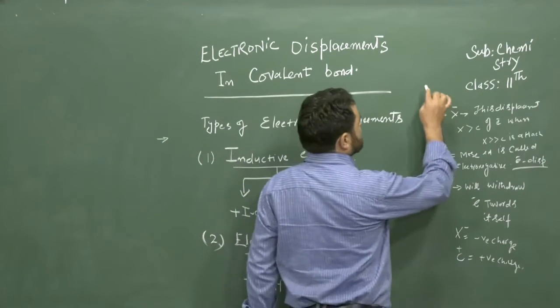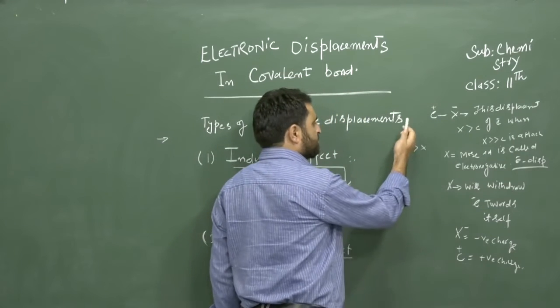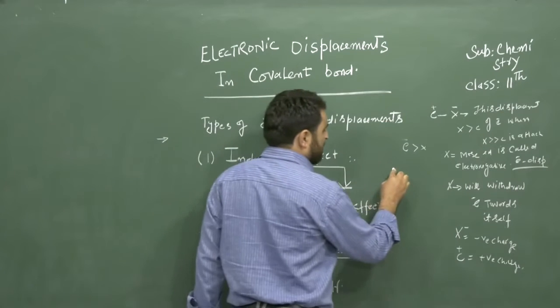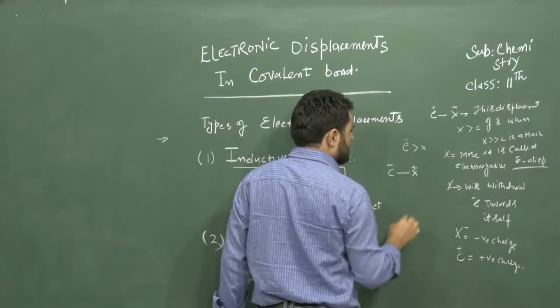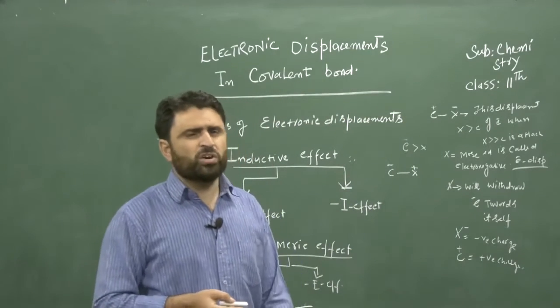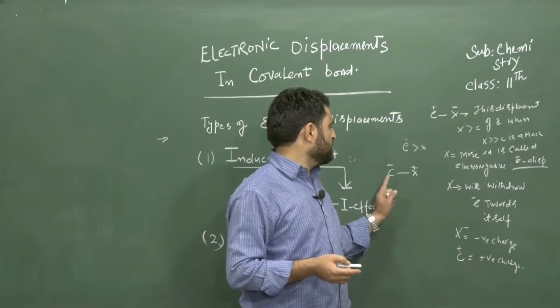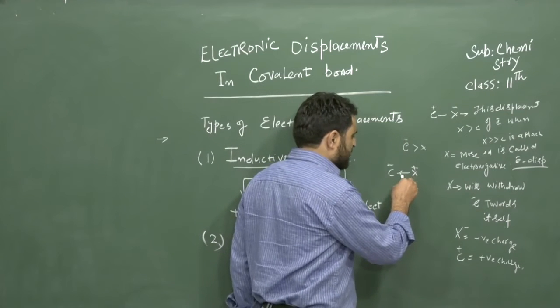Anytime if carbon is more electronegative than X, at that time C will achieve negative charge and X will achieve positive charge. It is also called electronic displacement. So it is not only that X is the more electronegative atom, sometimes carbon is the more electronegative atom. At that time the electronic displacement takes place like this.